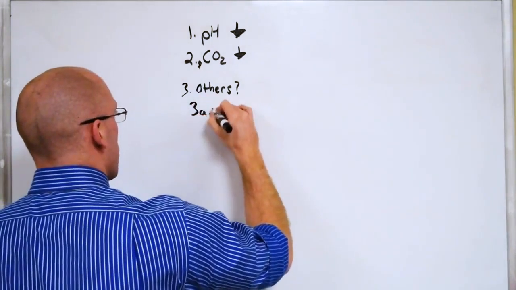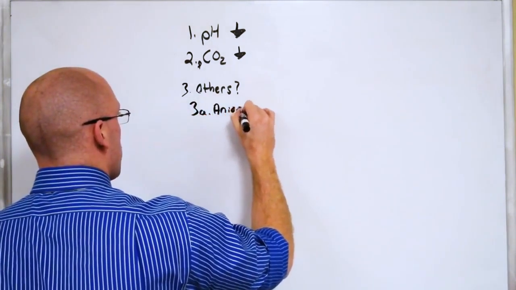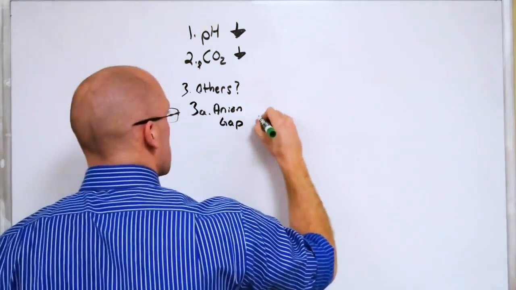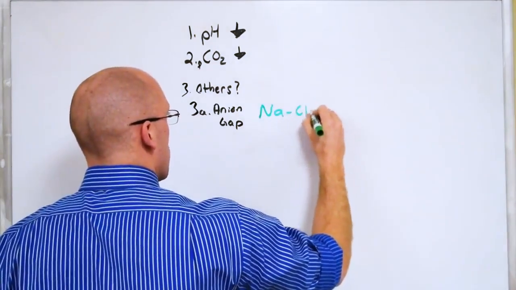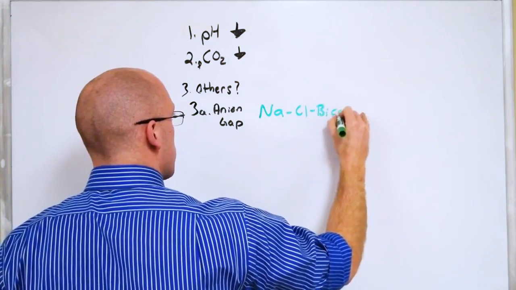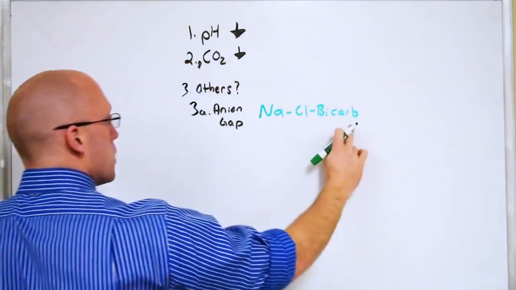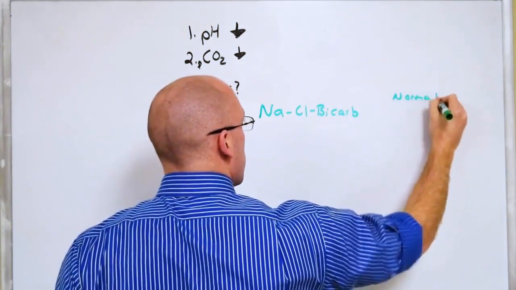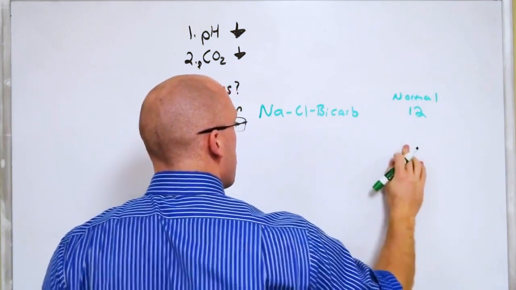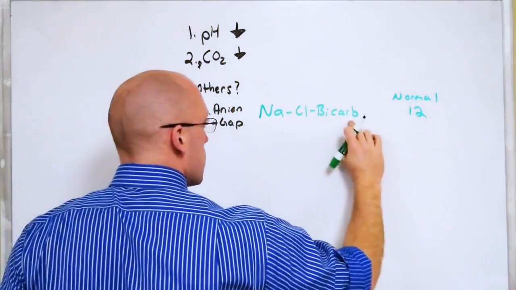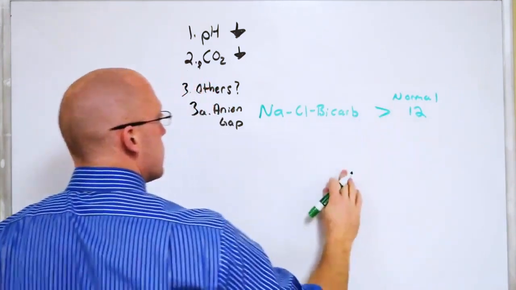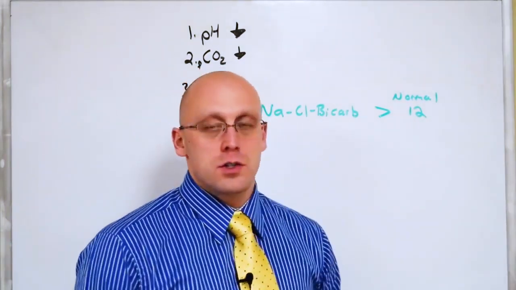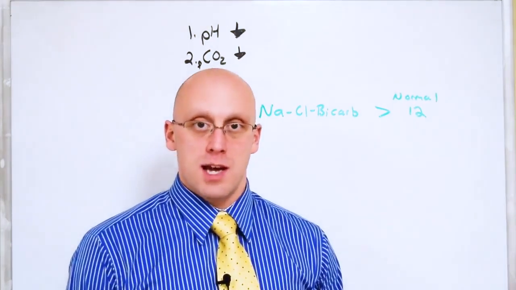3A, same thing as before, calculate the anion gap. The anion gap can be calculated by the sodium minus the chloride minus the bicarb, given to you on the BMP. You compare that to a normal anion gap, which is 12. If what you calculate is greater than normal, you have an anion gap. 12 is going to be used as the normal on the test.